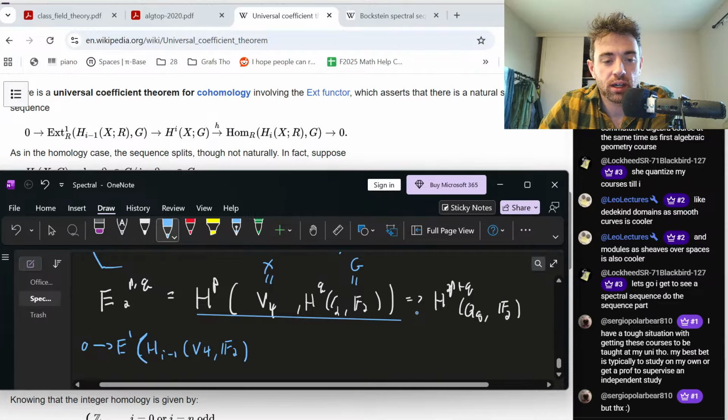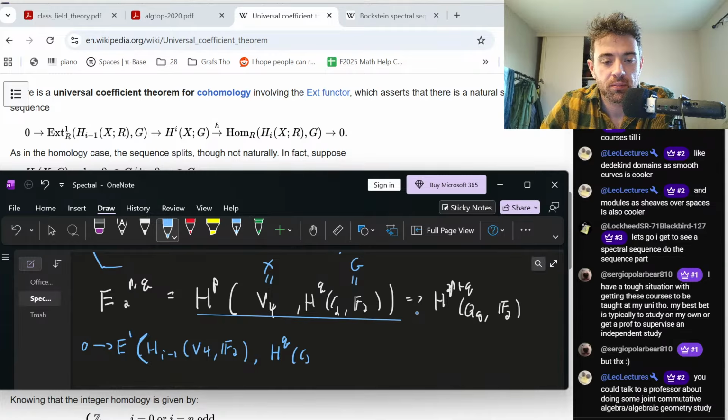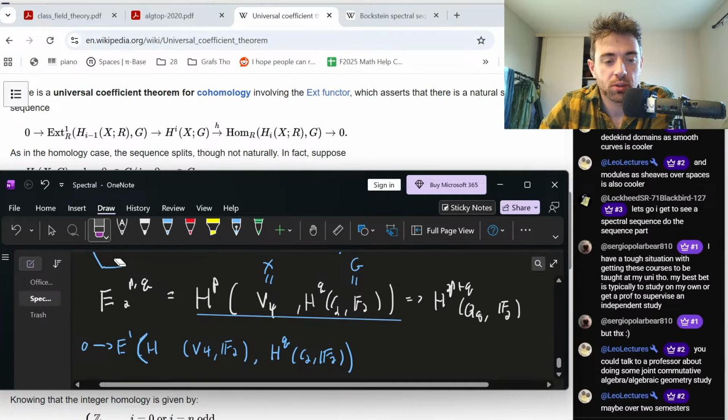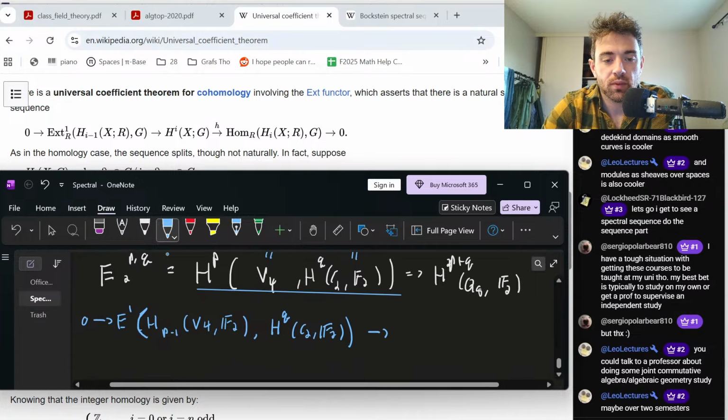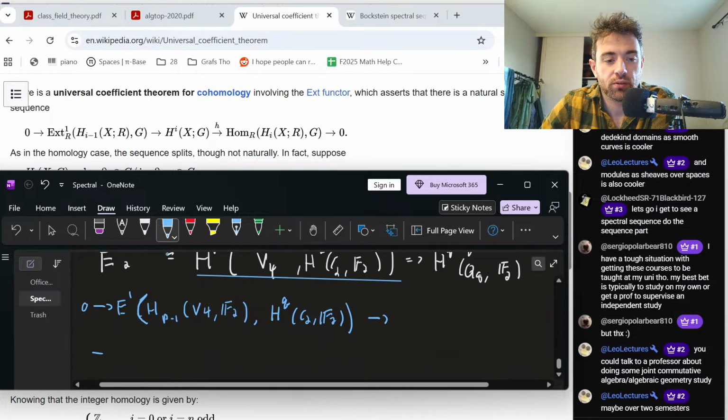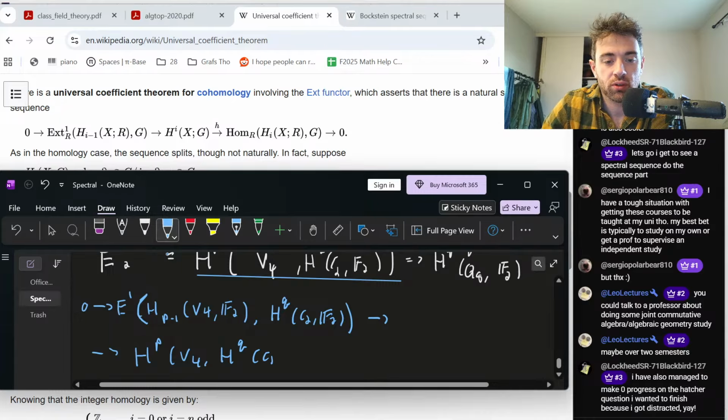So it's going to be Ext between that and this. And maybe I'll call this P_{-1}. And that's going to go into, wow, I really don't have room here. So that will be just copying this here, V4, H_q, C2, F2.